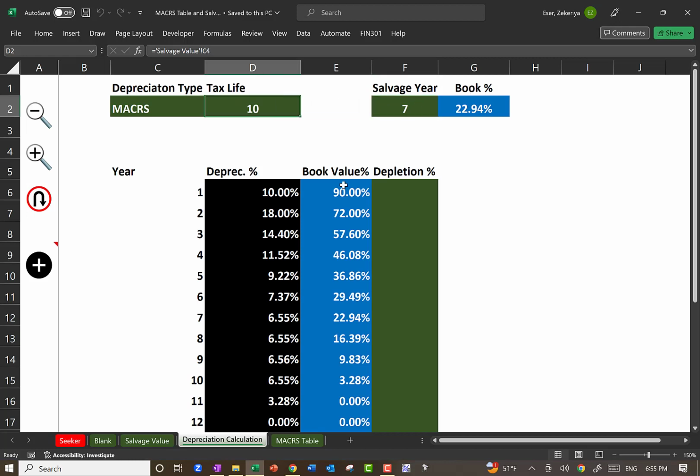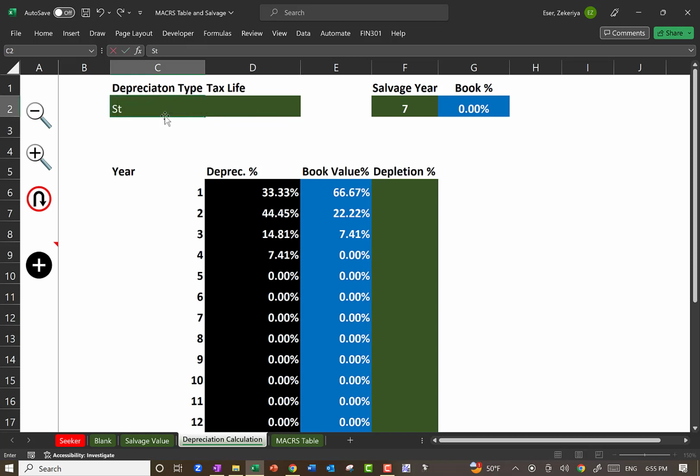So if this is a 7-year MACRS, you get all the depreciation percentages. If it's 3 years, it's easy to do. If you're going to do a straight line, don't worry about misspelling as long as the first letter is S. It takes care of that.